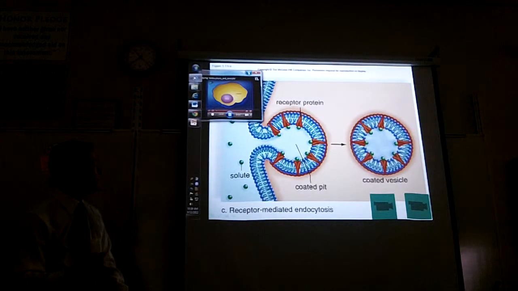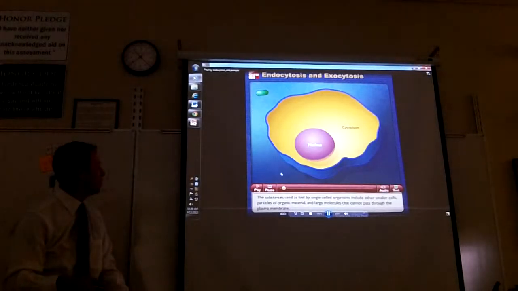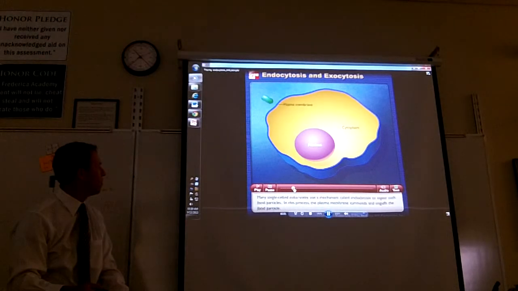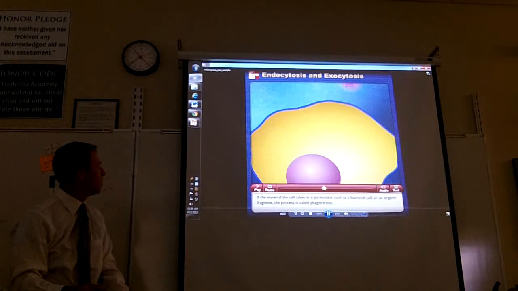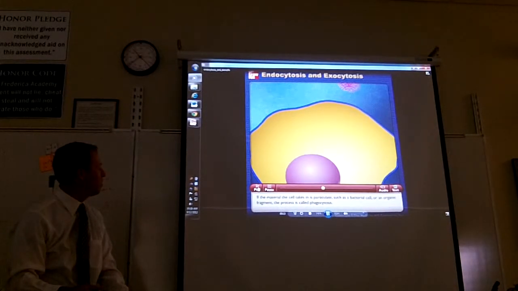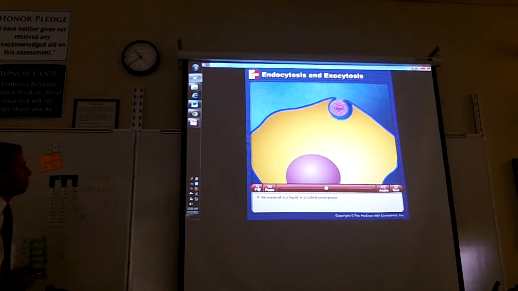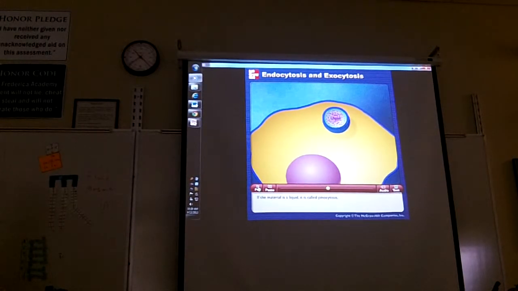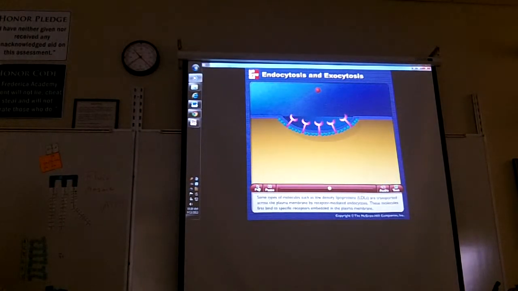The substances used as fuel by single-celled organisms include... If the material is a liquid, it is called pinocytosis. Some types of molecules, such as low-density lipoproteins, LDLs, are transported across the plasma membrane by receptor-mediated endocytosis.